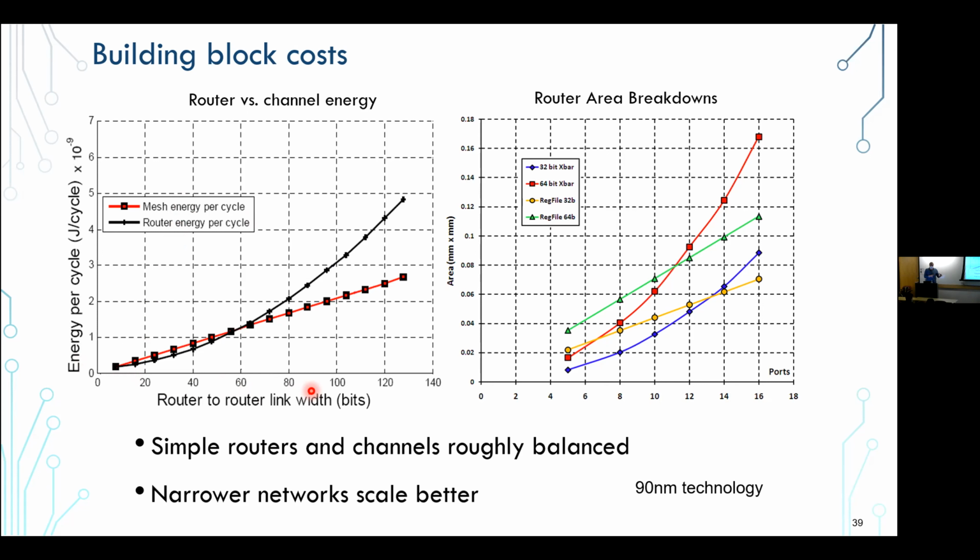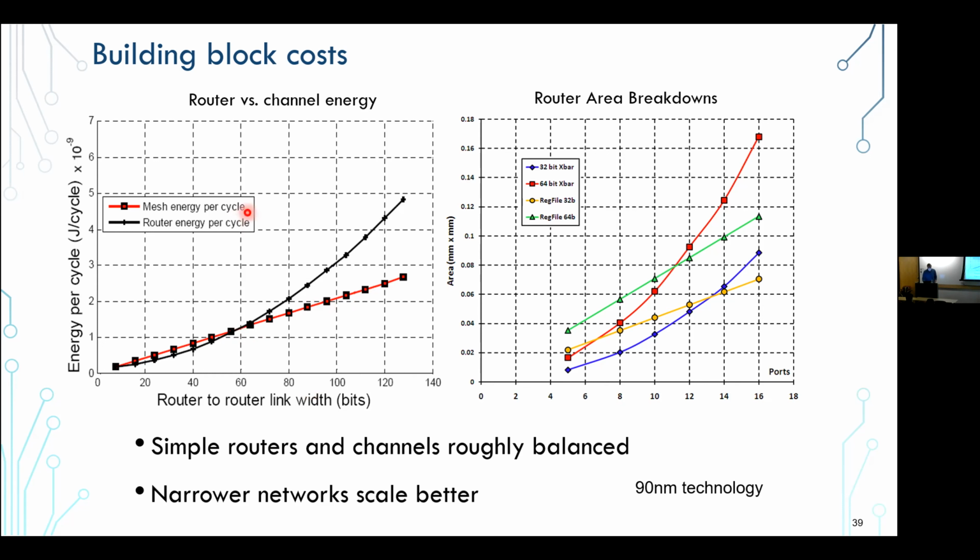It does affect your router complexity. It also affects your channel energy because you just have more wires that are toggling, right? And so we wanted to see where's the cross point or roughly the balance between the router and the mesh.